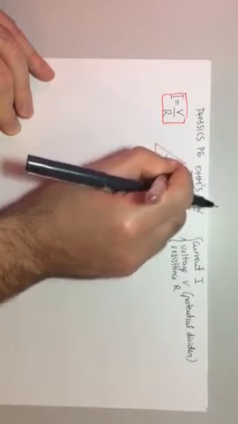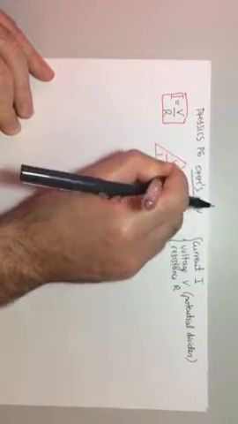If you do the triangle, you're going to have voltage, current, and the resistance on the bottom.